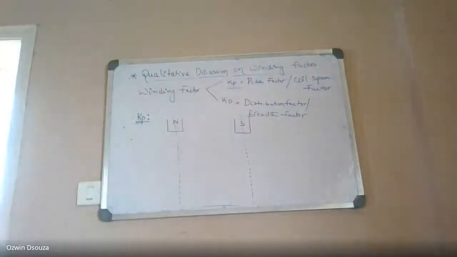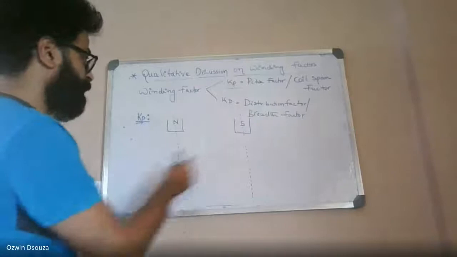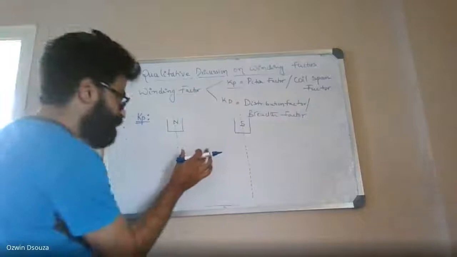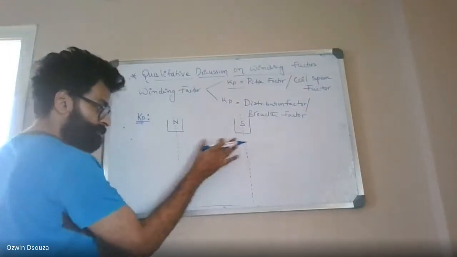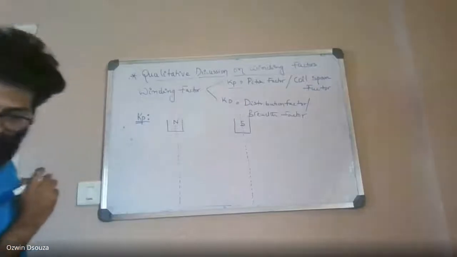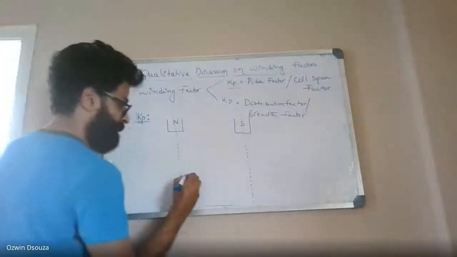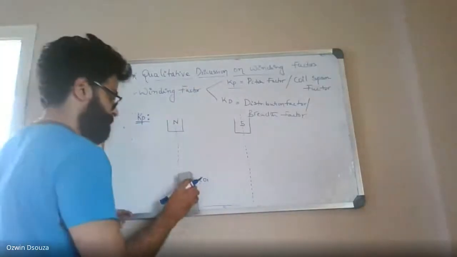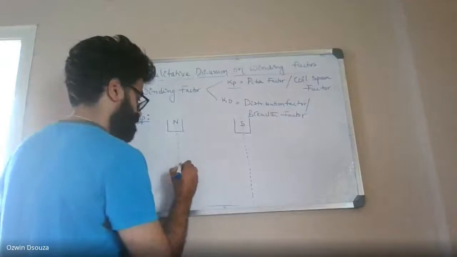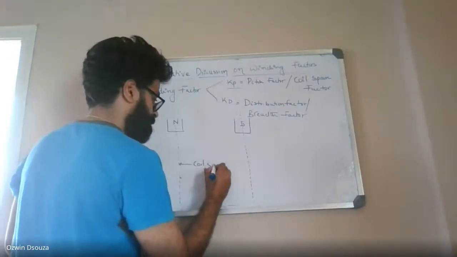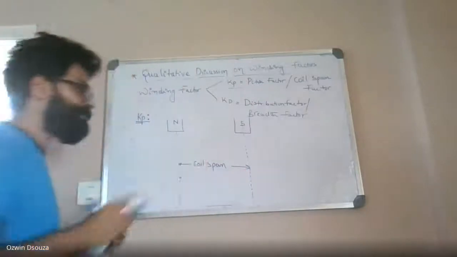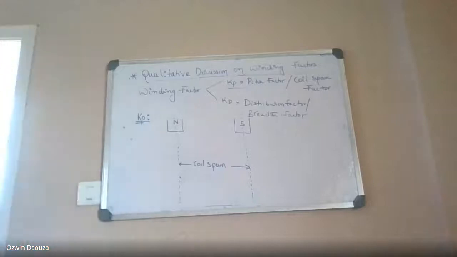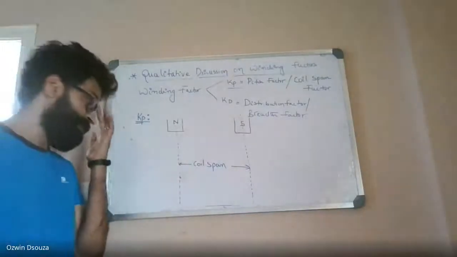The distance between these two parallel lines is called the coil span. Here, let me mention: coil span is nothing but the distance between the centers of two adjacent poles.